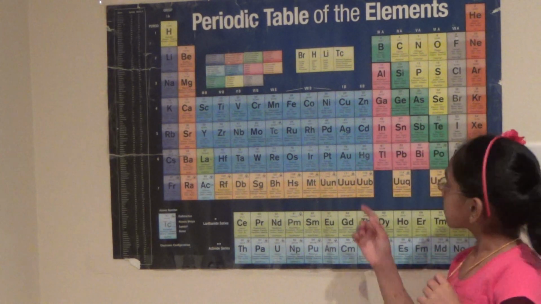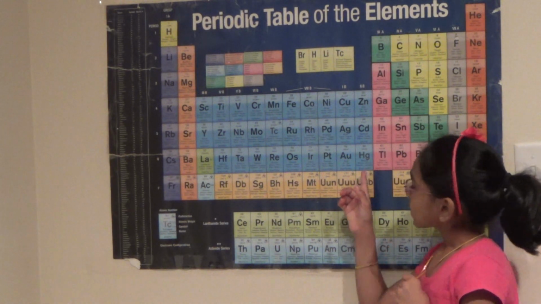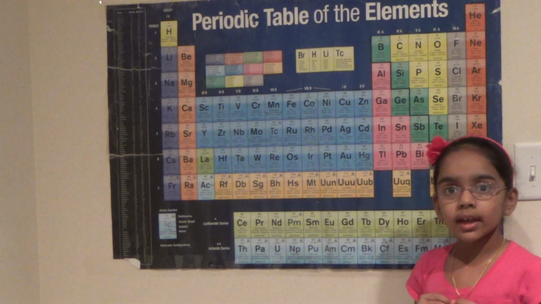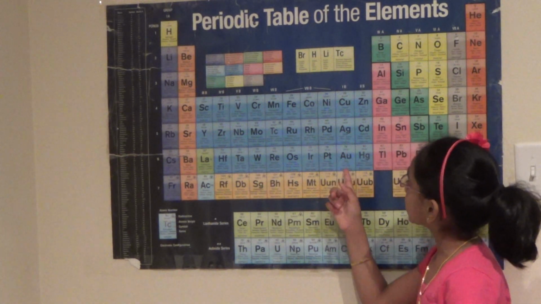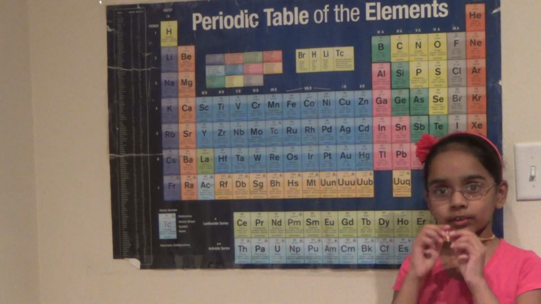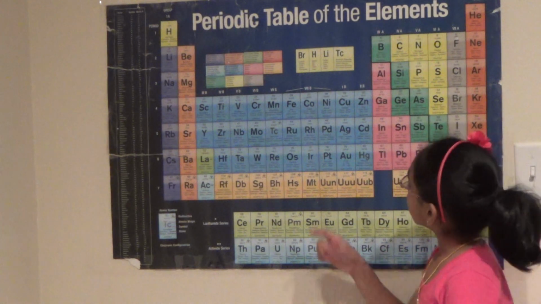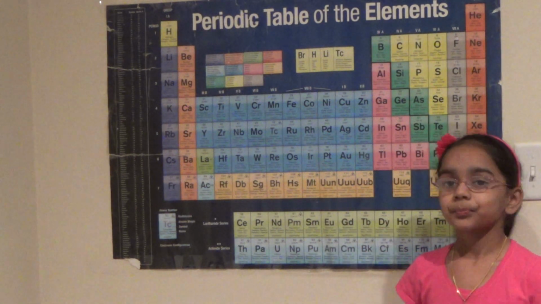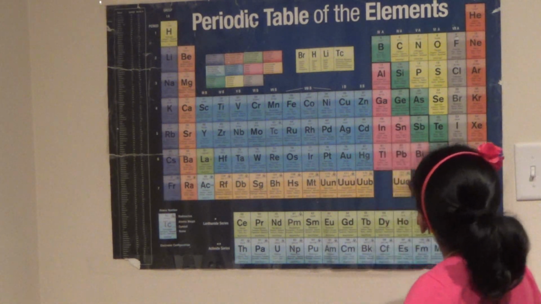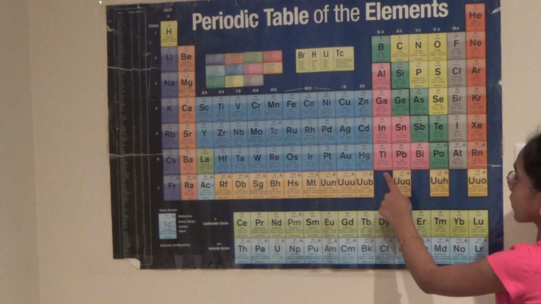Mercury is in thermometers, and then we've got silver and gold in necklaces, just like the one I have, and platinum also in them. Now, let's just go to the next one, metals.